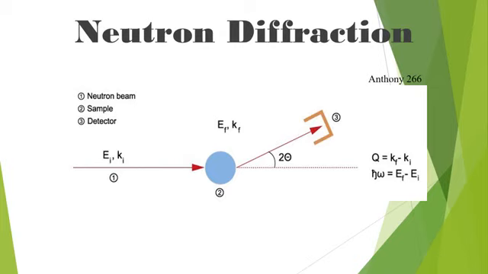Here is a neutron diffraction schematic diagram in which a neutron beam is used as a source to strike the crystal or the sample present in its way. The sample may be a crystal or some other molecule.